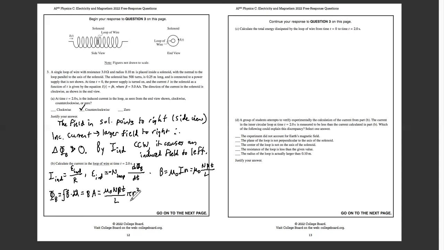So little r for the radius, big R for the resistance. It's pretty common notation, so I'm not going to need to specify which one is which. So it's important to note then that the induced voltage will be negative d/dt. There's only one turn in the loop, and then of all of this stuff here.